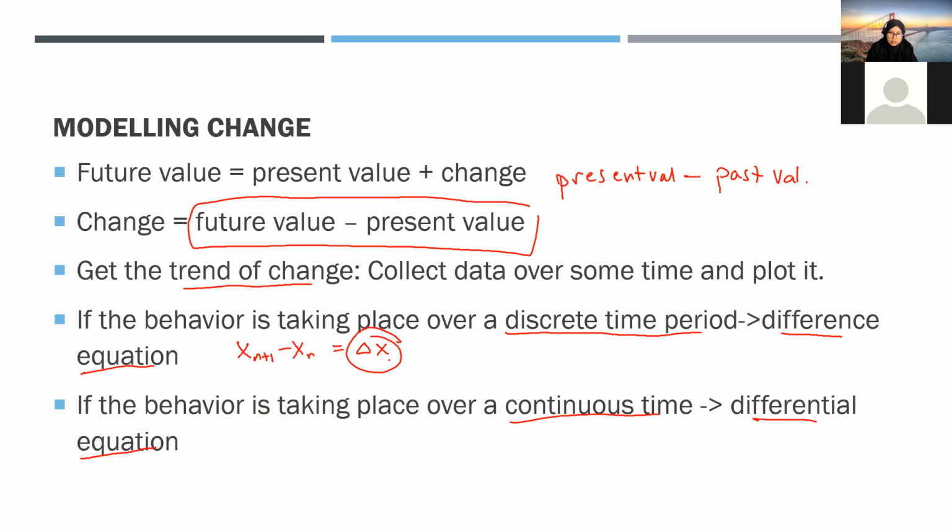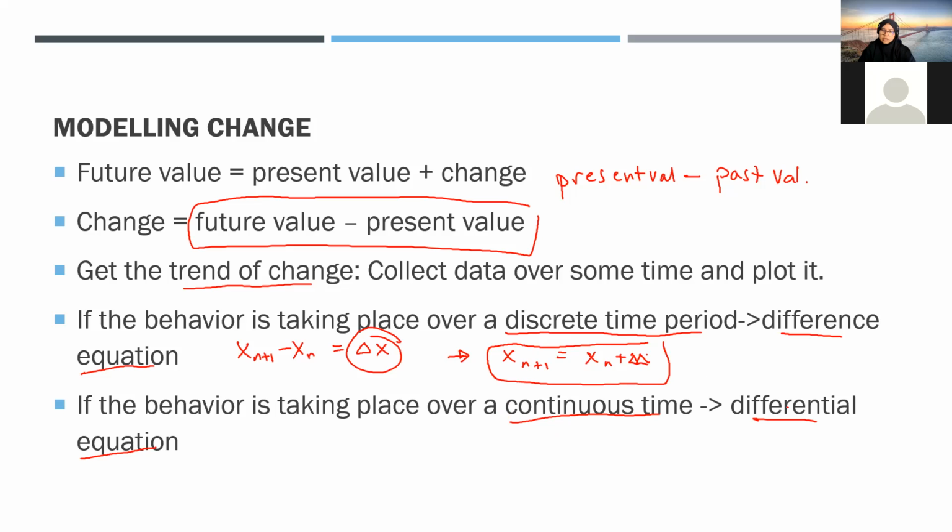It's not yet a difference equation because this is not an equation yet. I can say something like this: x of n plus 1 equals x of n plus delta x. Now this is a difference equation. I want to find the future value; this is just the current value plus the change.